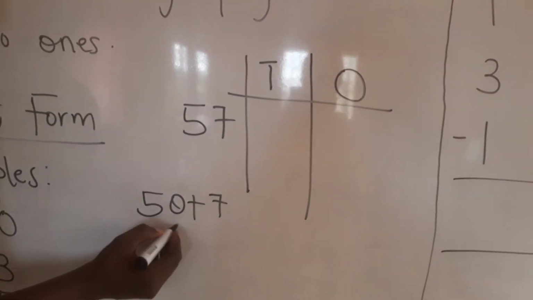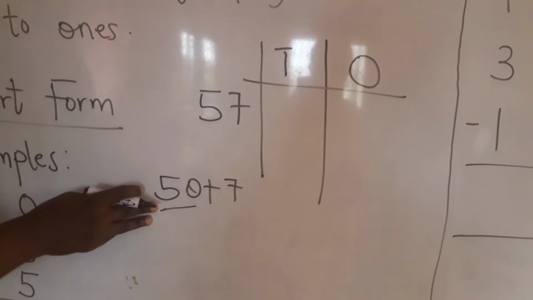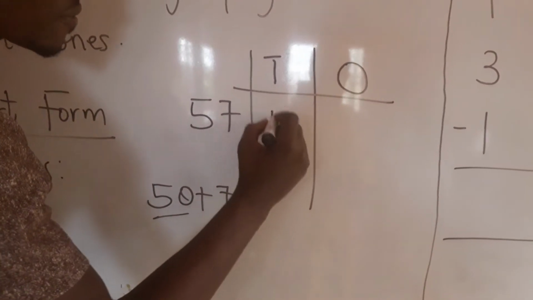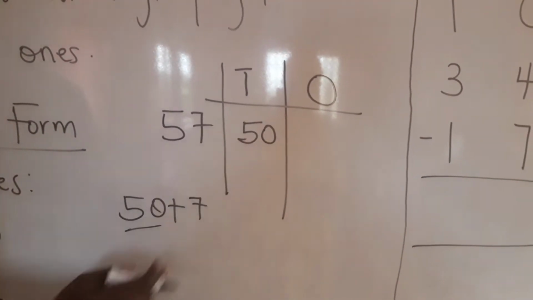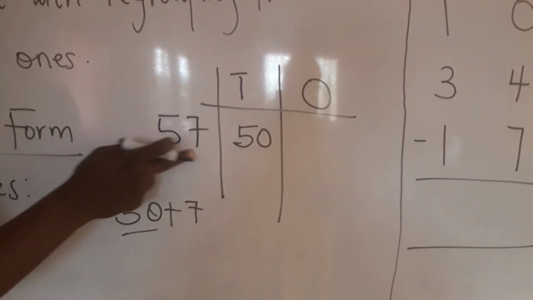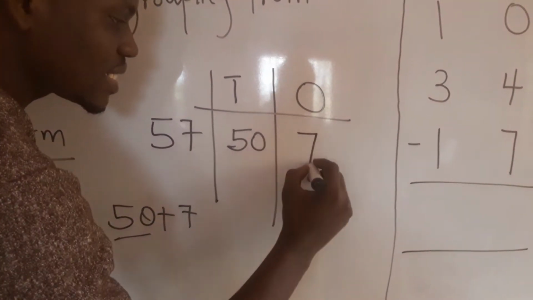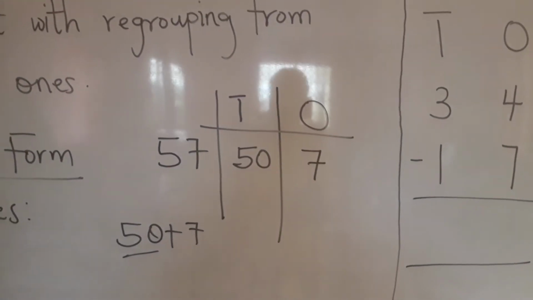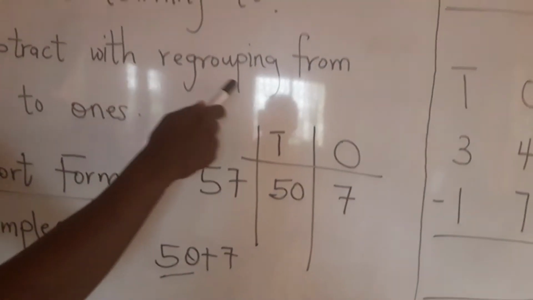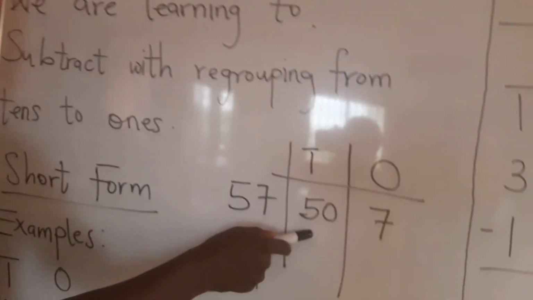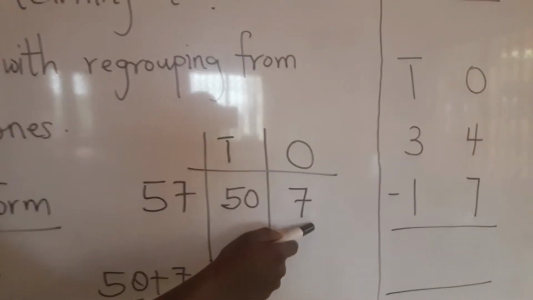So 50 is in its tens form, and you write it here. 50 plus 7 is 57. So today we are going to learn how to subtract with regrouping from tens to ones.